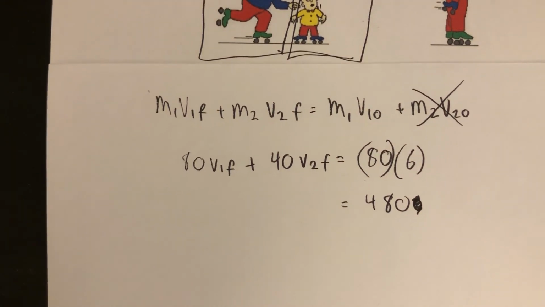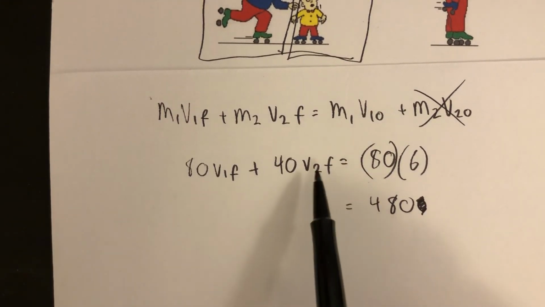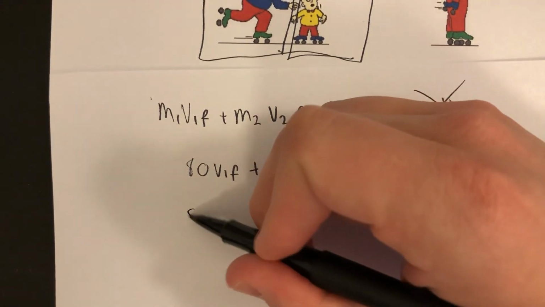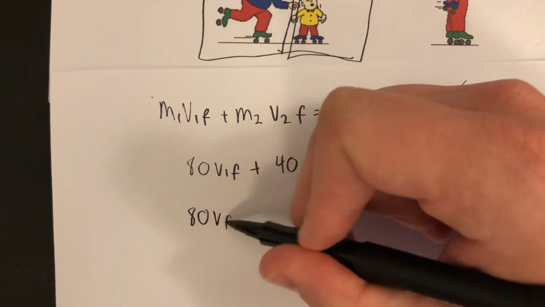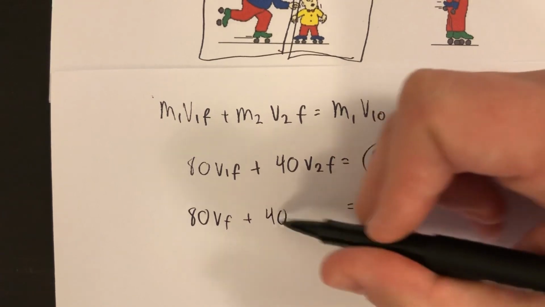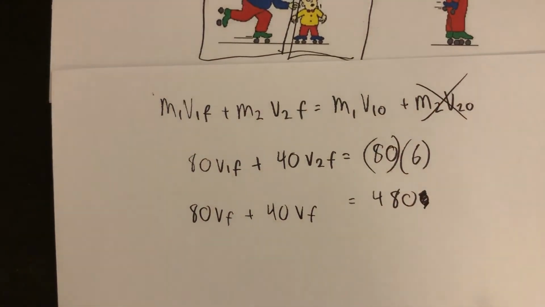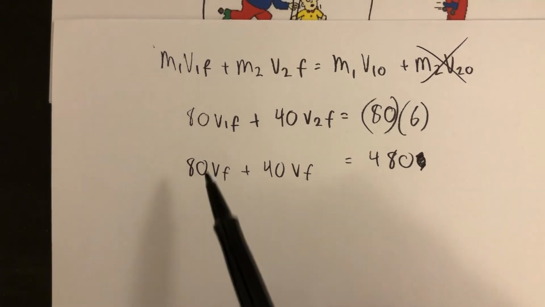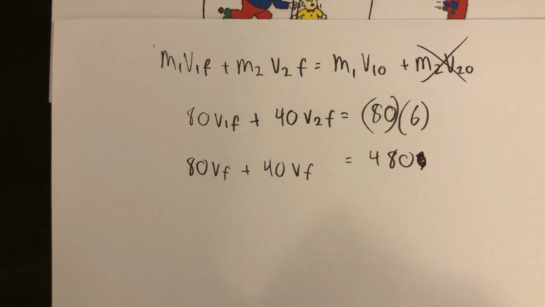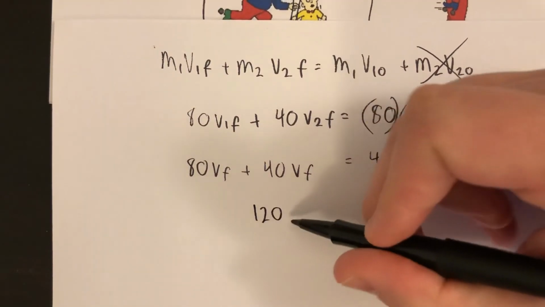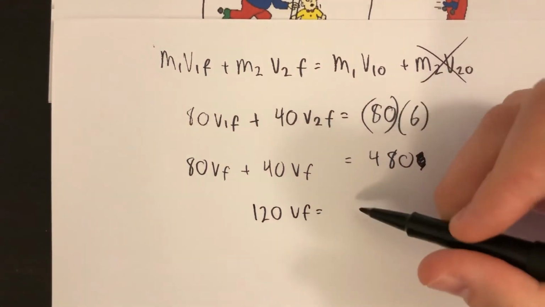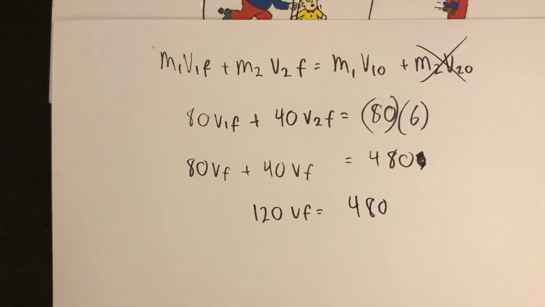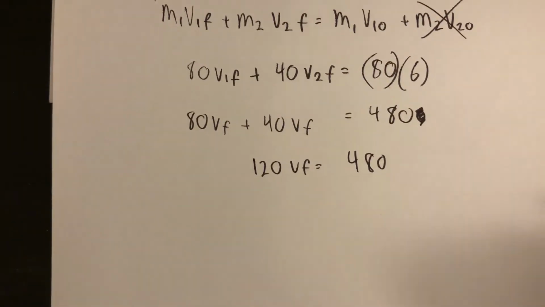So instead of differentiating between 1 and 2, we'll call them the same thing. 80 VF plus 40 VF. Those final velocities are the same, so why give them different names? Just call them final velocity. And as we see here, it's just 80 VF plus 40 VF. Well, that's 120 VF equals 480. We'll divide both sides by 120, and we'll get our final velocity.